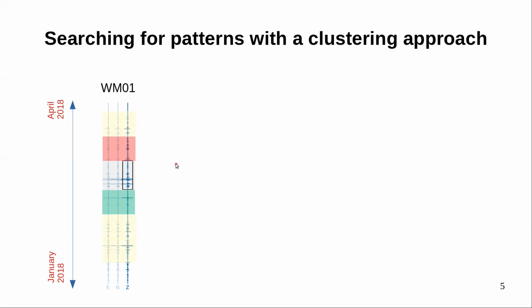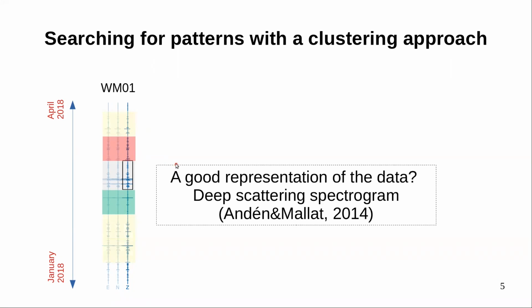To do that, we need to find a good representation of the seismic data. The raw waveform data is not really useful for cluster analysis. One representation of the data would be a Fourier-based spectrogram. However, in our case, we want to use the deep scattering spectrogram since it has very nice characteristics for classifying or clustering time series data.